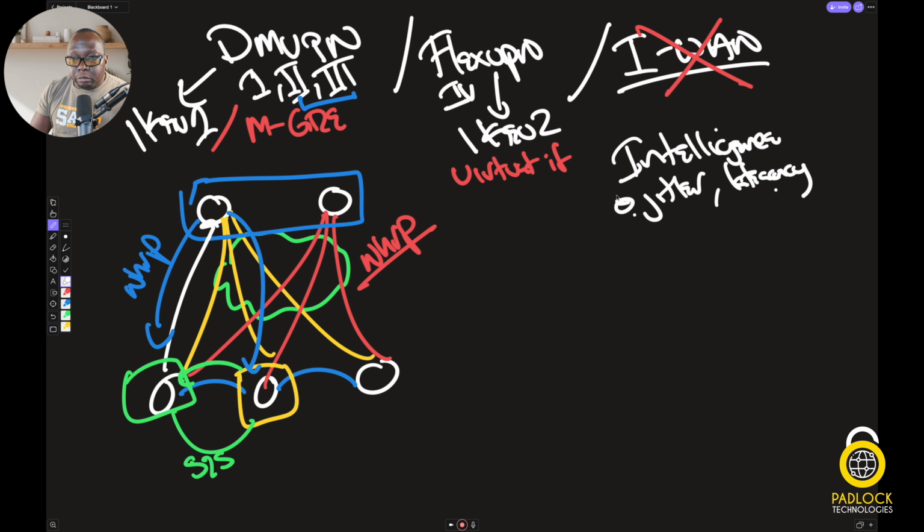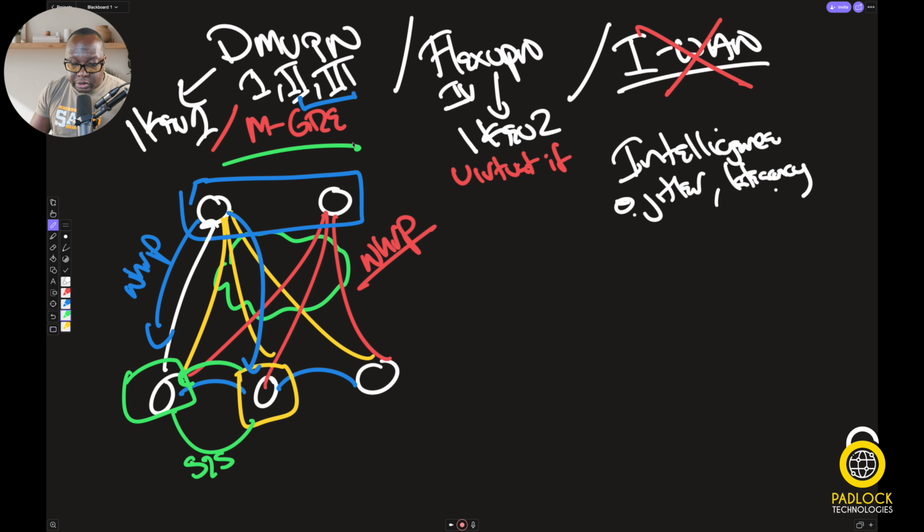The reason why that didn't work is because it was a whole bunch of technologies put on top of each other, and it was just cumbersome, and it didn't take off the way it should. So this is where you used to do it in the past, right? Most people I've seen in the field are still doing DMVPN. They're not really doing Flex VPN because a lot of people don't even know Flex VPN exists.